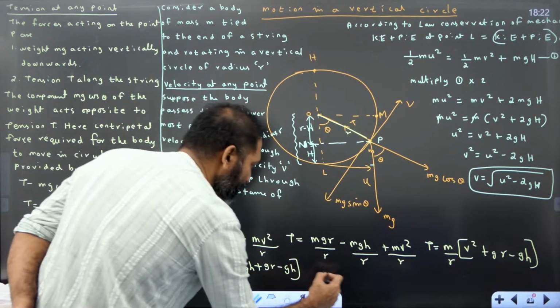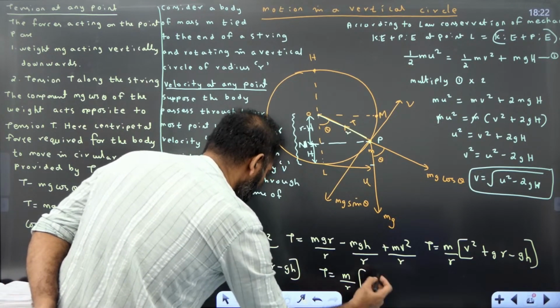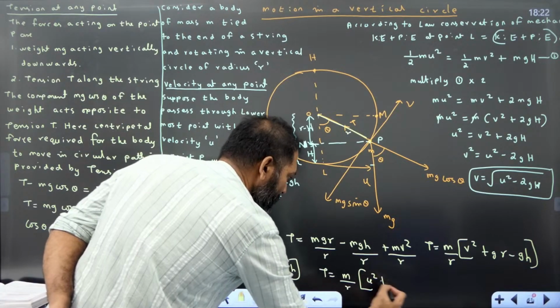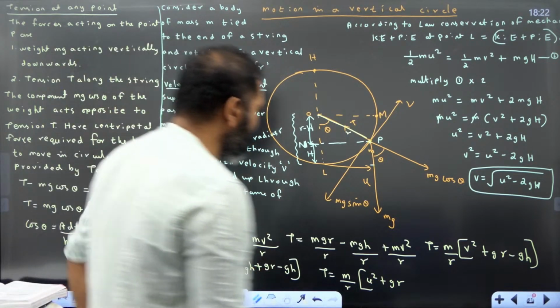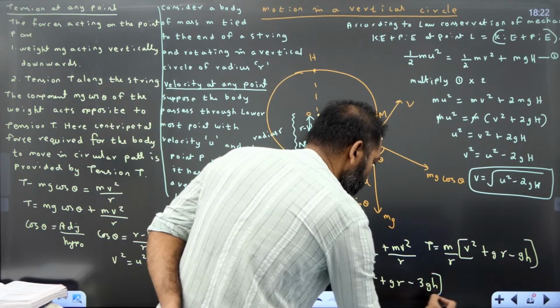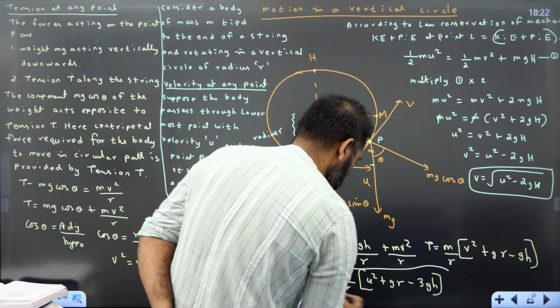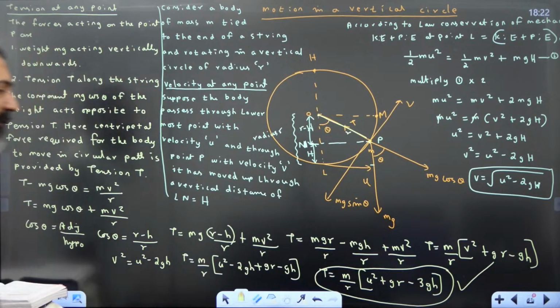So tension at any point is equal to m by r into u square plus gr minus 2gh minus gh, so minus 3gh. What is the equation? Tension at any point is m by r into u square plus gr minus 3gh.